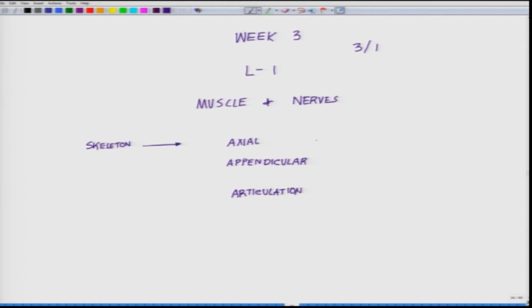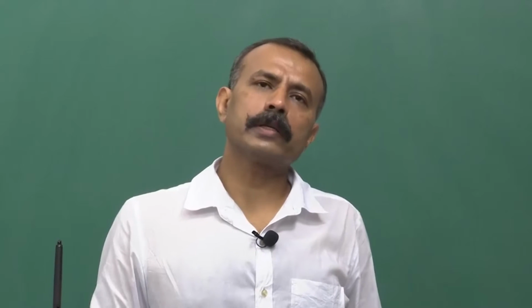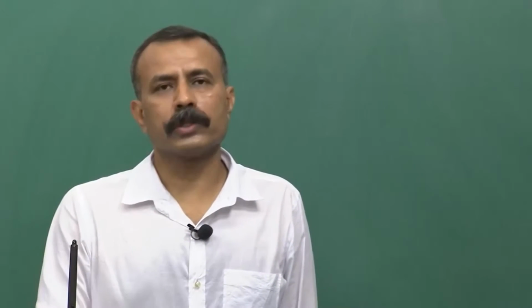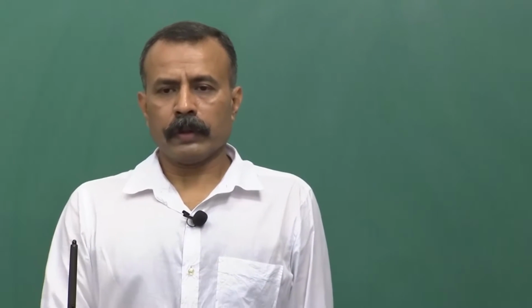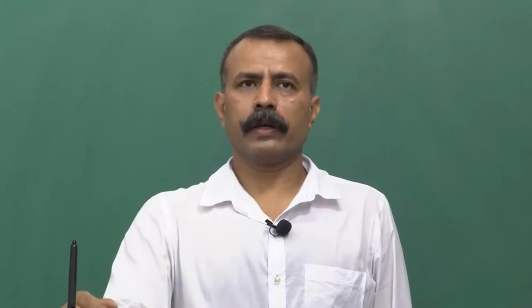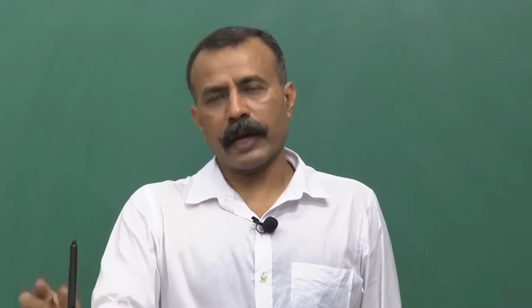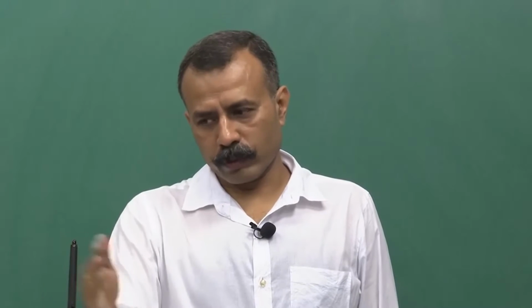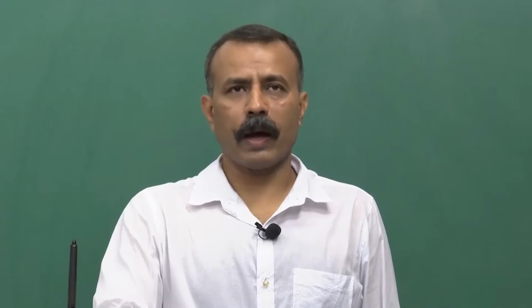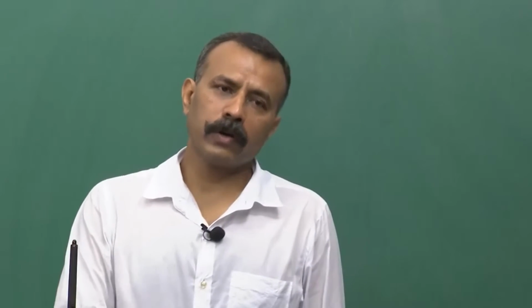These 2, axial and appendicular, are the broadest classification of the bones present in our body. The reason why I skipped it while teaching about the development of the bone is because there is another system which has a one-to-one correlation with the appendicular and axial system, called axial muscles and appendicular muscles.